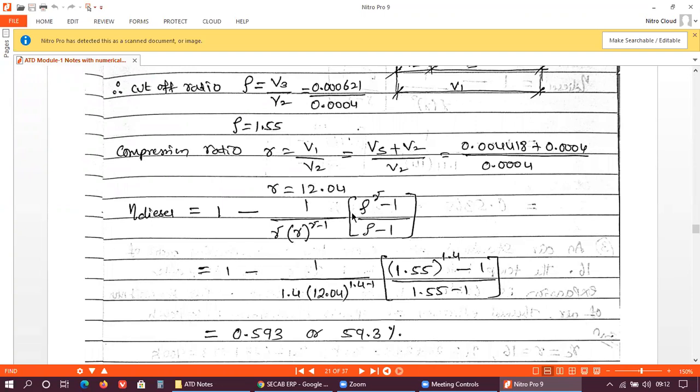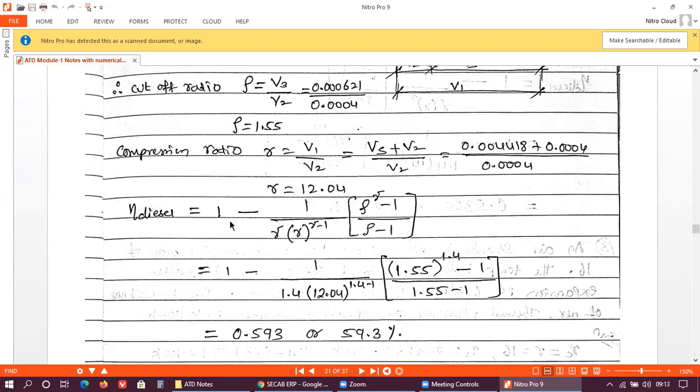So these two are very important parameters in solving the equation for the efficiency of the diesel engine, the diesel cycle. So rho is required, that is the cutoff ratio, and we also require the compression ratio, that is R. We have already calculated these two values, rho and R. Now we just need to substitute them, right?